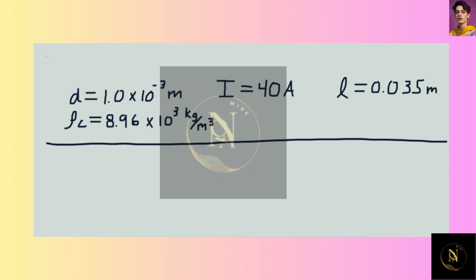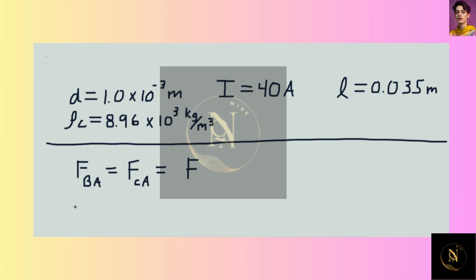The force by the bottom wire B on the top wire A, and the force by the bottom wire C on A, are going to be the same. So F BA is equal to F CA, and we're just going to call this force per unit length F.